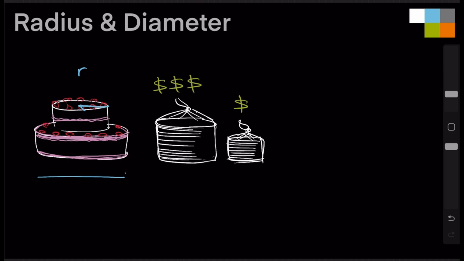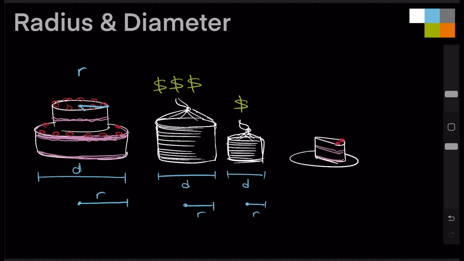By knowing the diameter of the cake, you also know its radius. By knowing the diameter of a plate, you also know the radius for those. And this information can help you figure out what size plate to buy for your slices of cake.